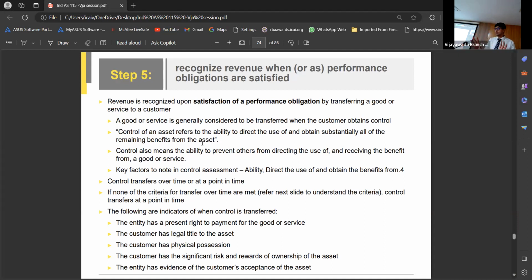In between, for example, there's a transport risk. The first question that will come is who is going to bear the transport loss? If, as a company, I say that I am bearing the transport loss, it means you have control of that particular good, because you are taking the risk, no?